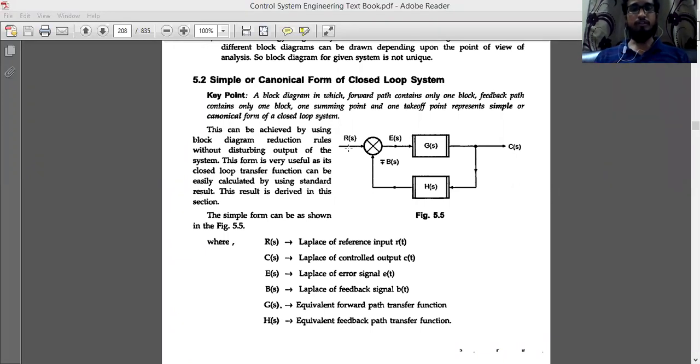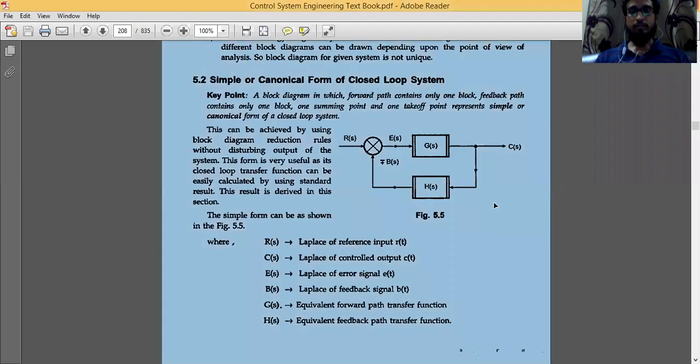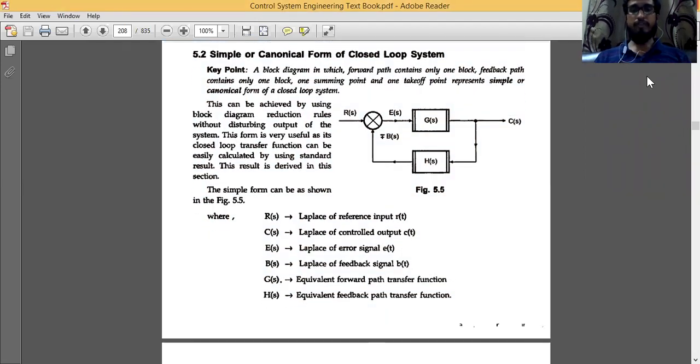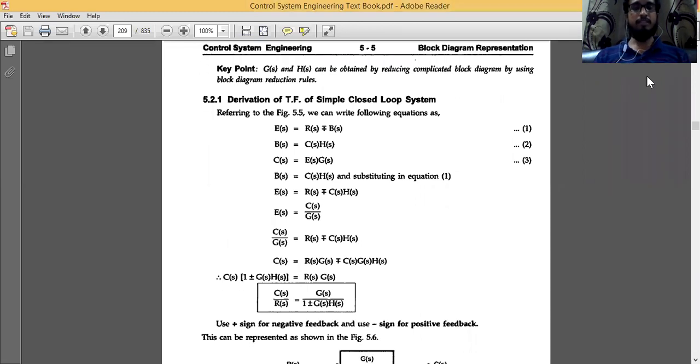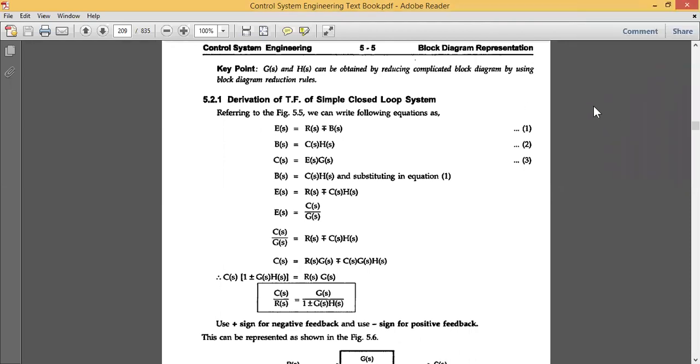After this figure, I derived the basic equation for a closed loop system. I told you in my previous lecture that every one of you has to remember this transfer function for the above diagram: C of S divided by R of S is equal to G of S divided by 1 plus or minus G of S into H of S. This is the small derivation.